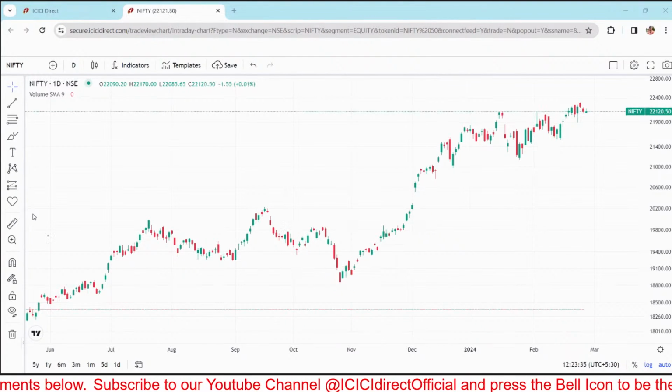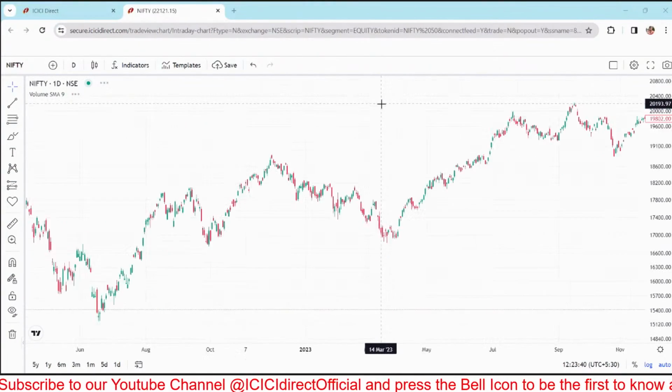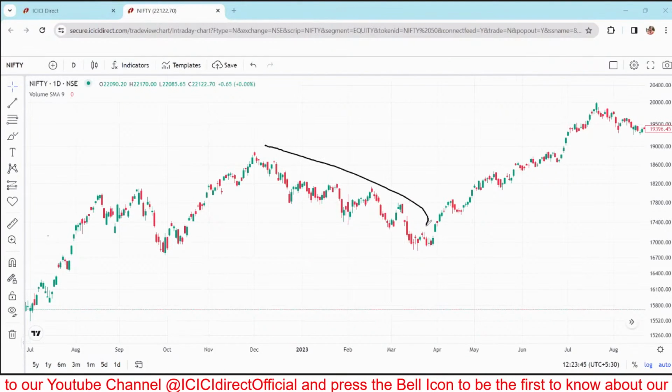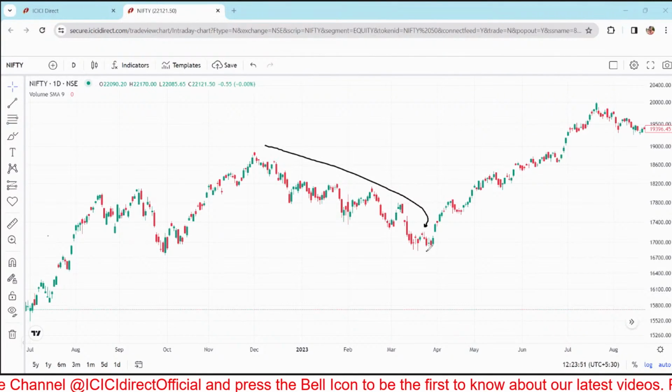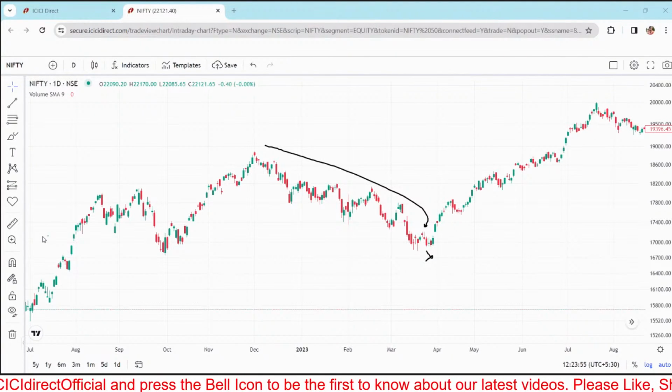Now let us spot the next downtrend. This is a downtrend. Can we spot a Harami pattern here? I don't think so. So this is also gone. Not spotted here. Let's move on to the other downtrend.